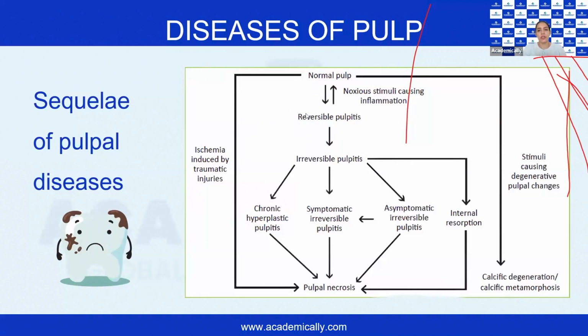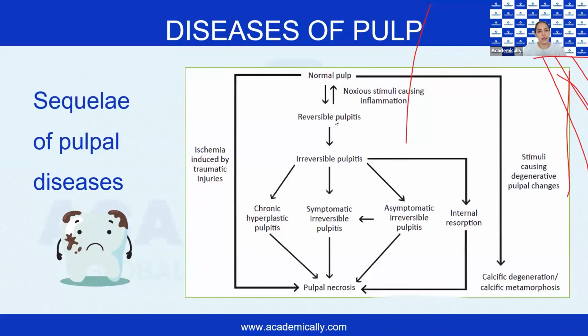At this stage, if the patient reports to a dentist, it is easy to identify and revert back to health. If the things can be managed and a dressing can be given to the pulp at this point in time, it can go back to health, and in no other stage can it go back to health. Only with reversible pulpitis it is possible.